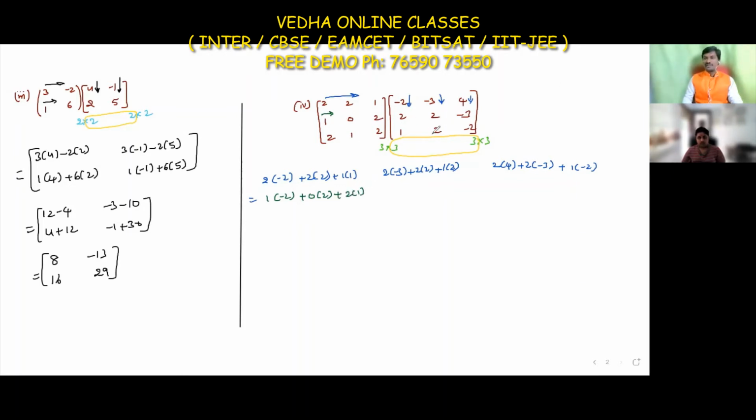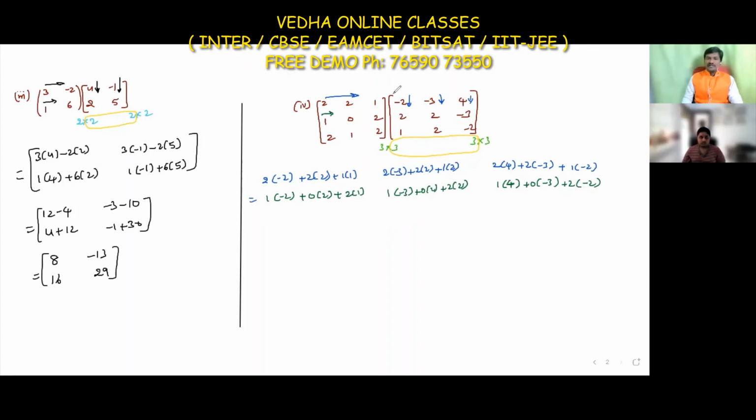Now second row with second column: 1 into minus 3 plus 0 into 2 plus 2 into 2. Now second row with third column: 1 into 4 plus 0 into minus 3 plus 2 into minus 2. Okay, now third.